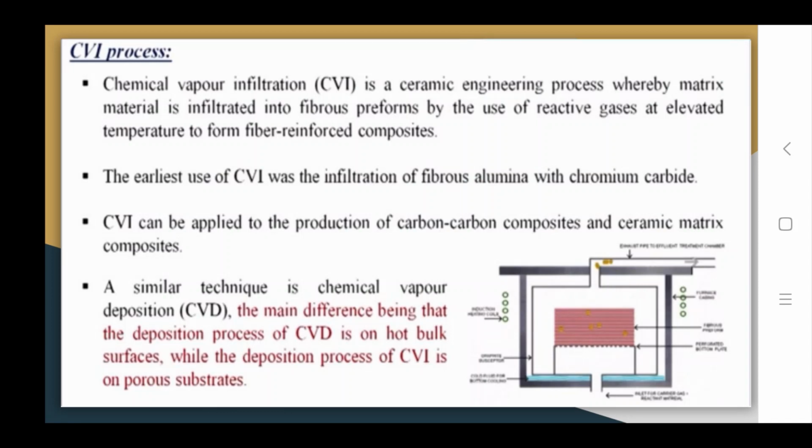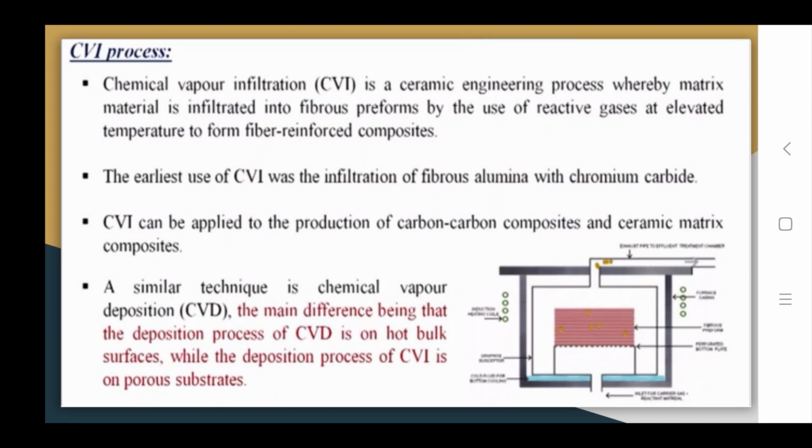That means the carrier gas can easily go inside the porous material, and then the molecules of that particular reactant material can be absorbed inside the pores themselves. Some molecules may come out with the carrier gas. So by this way we can do the CVI process, chemical vapor infiltration. So here we are doing the infiltration of particular molecules inside the material.